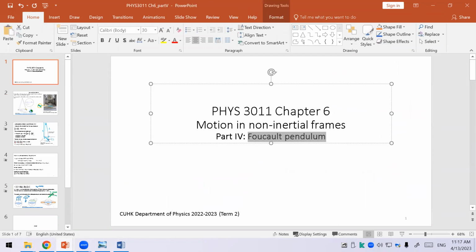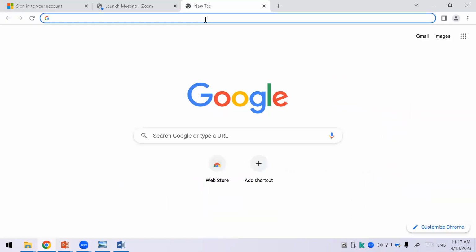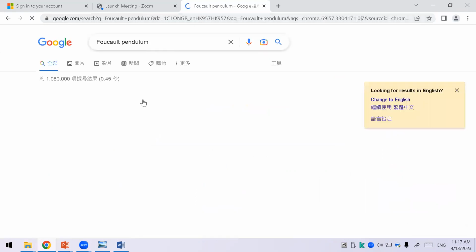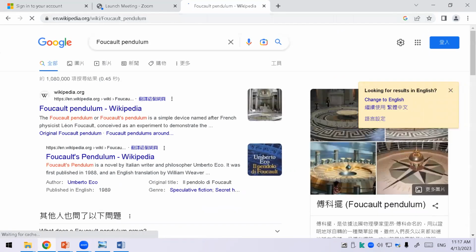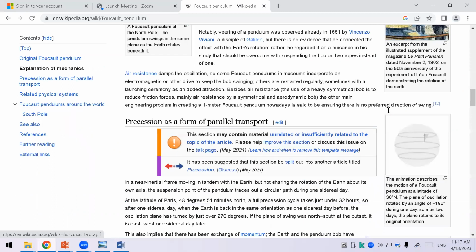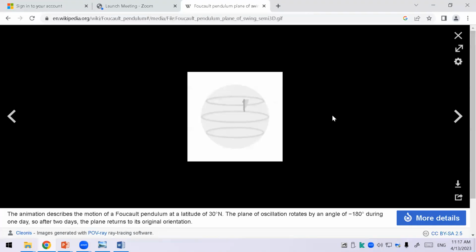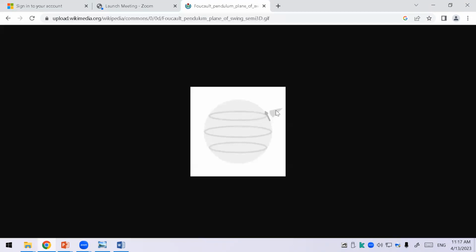So finally, let me show you a little animation from Wikipedia. Look at this animation here. This little triangle is the plane of oscillation for the Foucault pendulum.